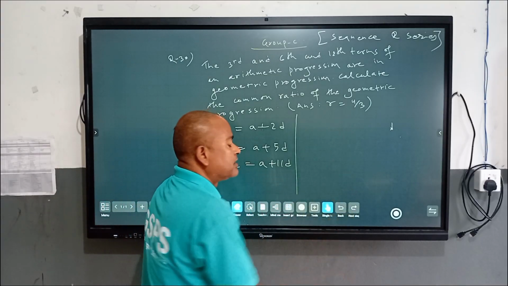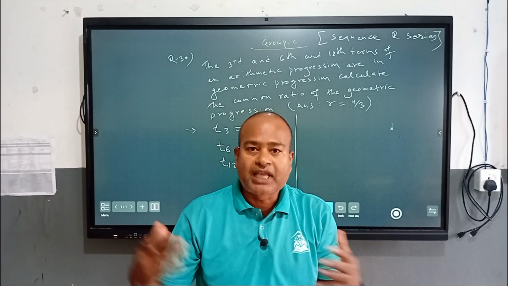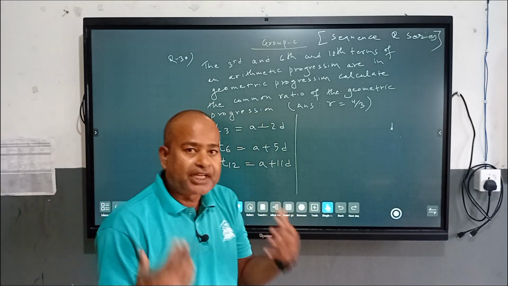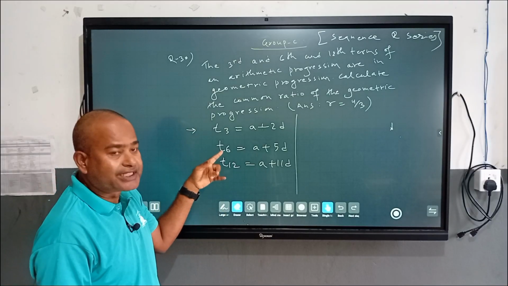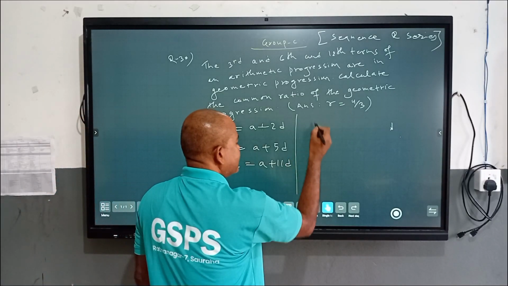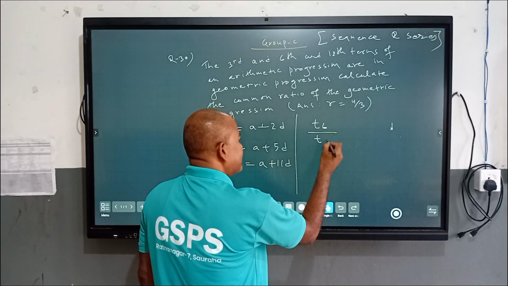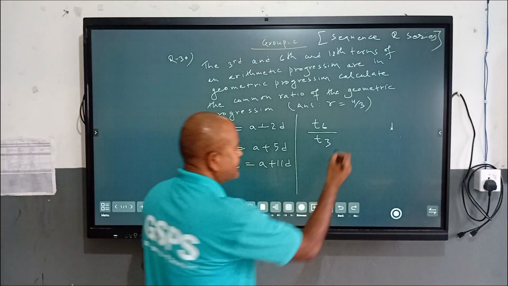So according to the definition of geometric progression, if the terms are in geometric progression, then the common ratios are equal. So we take T6 divided by T3, and again T12 divided by T6.